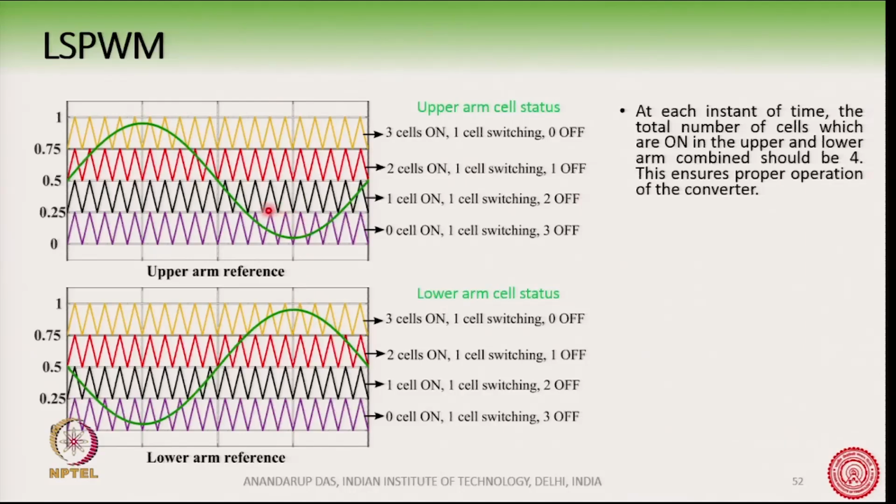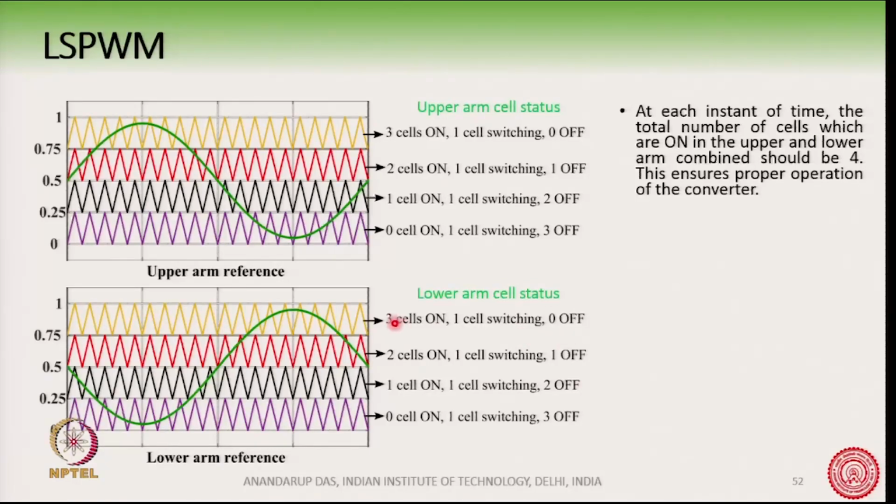If you see, for example, in this portion of the waveform, from this to this time instant, the upper arm reference is here and the lower arm reference is here. For the upper arm, 0 cells are on, 1 cell is doing the switching and 3 are off, whereas for the lower arm 3 cells are on, 1 cell is doing the switching and 0 are off.